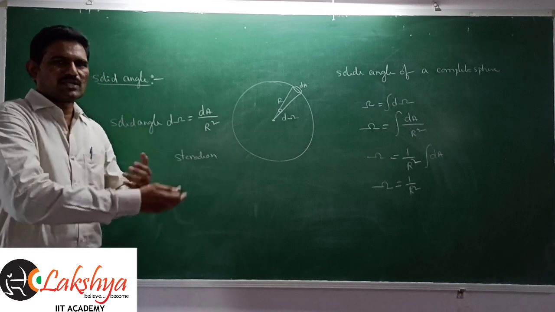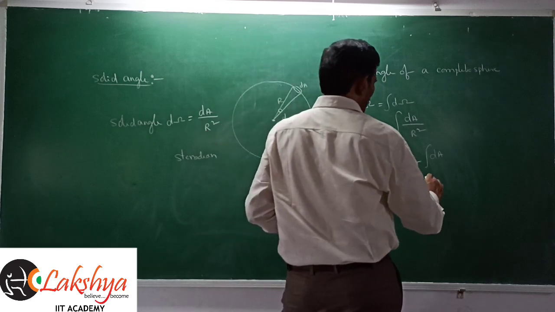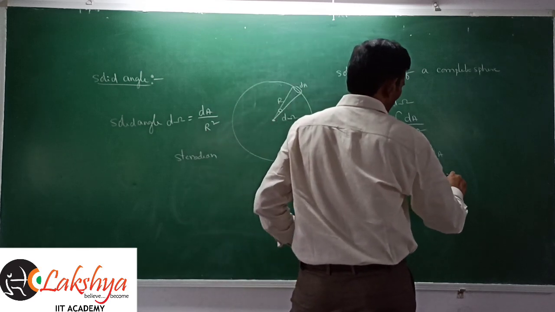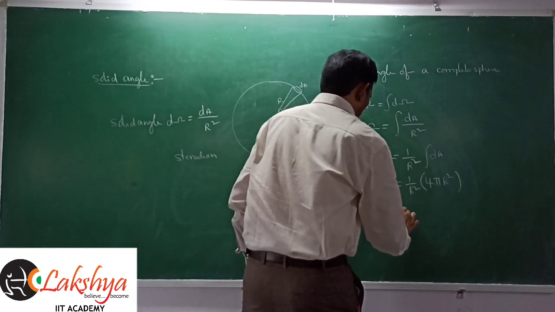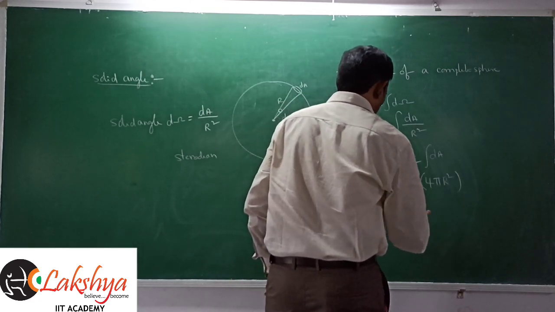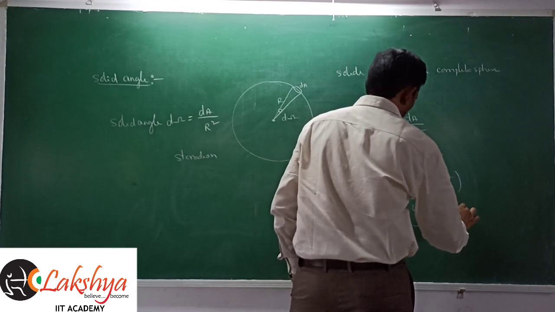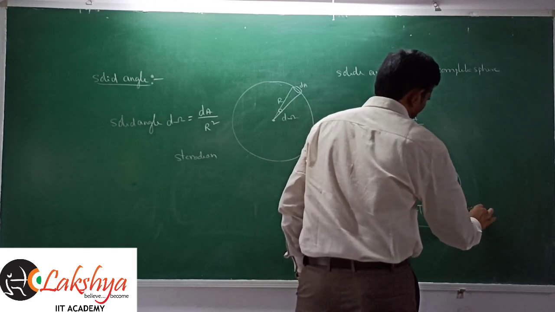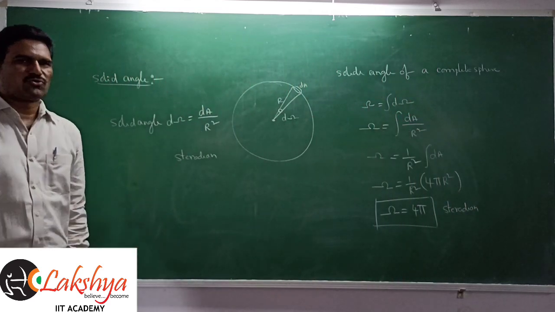Then you will get the complete area of the sphere, which we can write as 4 pi r square, right? Therefore the complete solid angle will be 4 pi steradians.